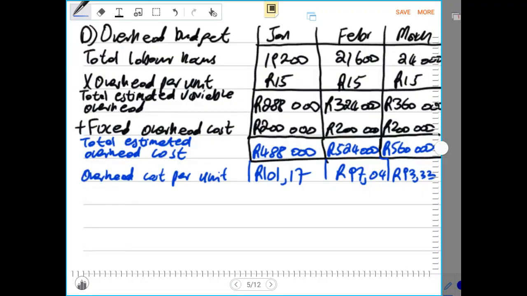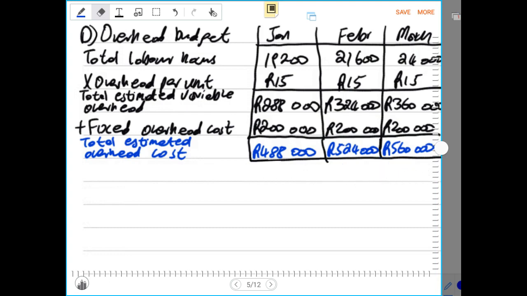Let us do that budget. And this one is not going to be very accurate. You can just ignore that because we have the fixed and the variable portion.